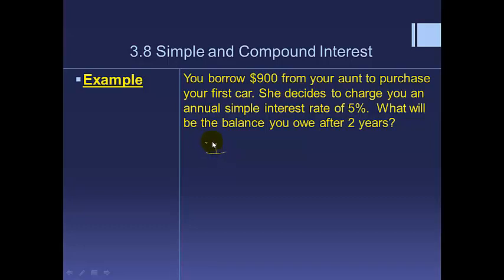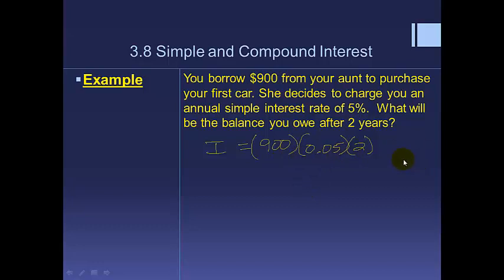So the first thing I need to do is find my interest. My principal is $900. My rate is 5%, but remember 5% is the same as 0.05. Remember, the bird has 2 wings, so I need to move it over twice. And then times it by 2.